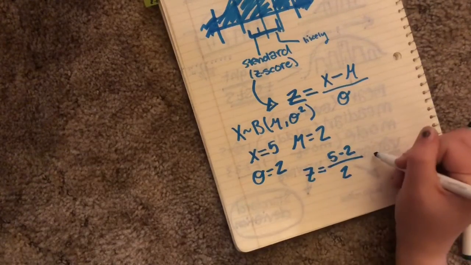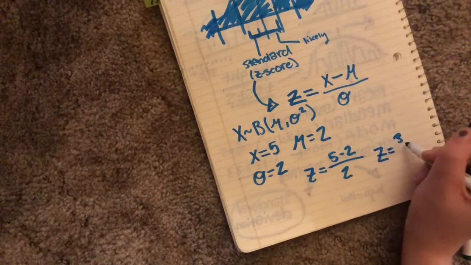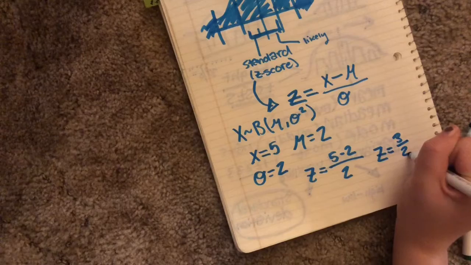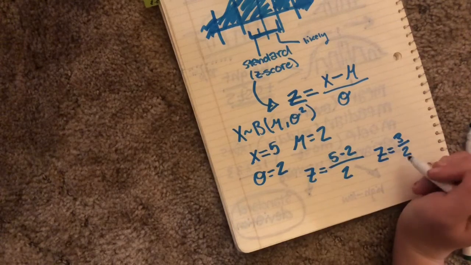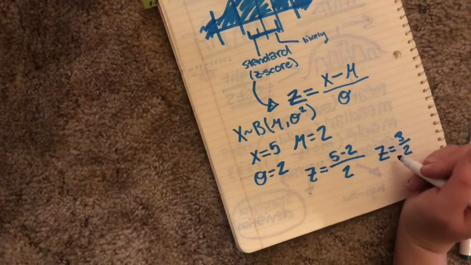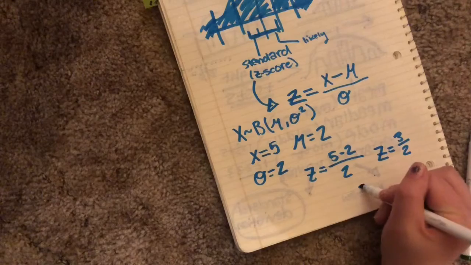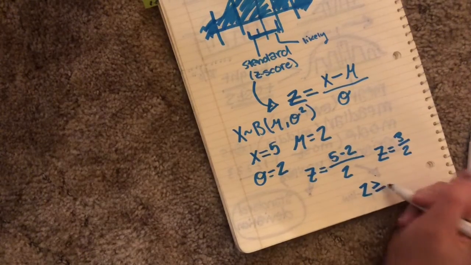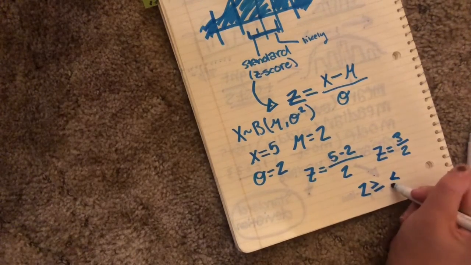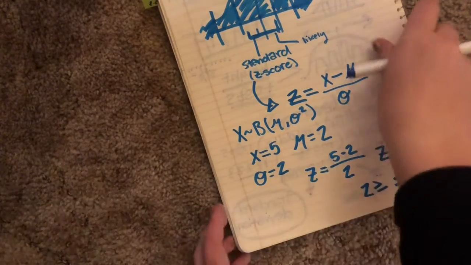Or, in better terms, the z-score equals 3 over 2. But what if I don't want this to equal? What if I don't know what it's going to equal? What if I just want a probability of something? And what if I want to have a z-score that's greater than or less than or equal to? Then what do we do? Well, let's try some of those out.